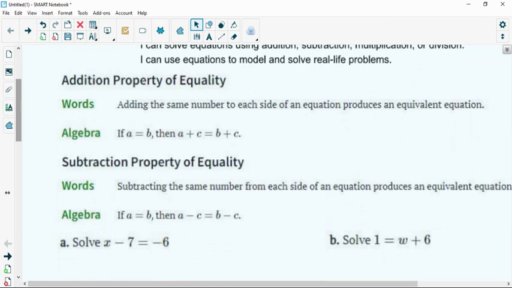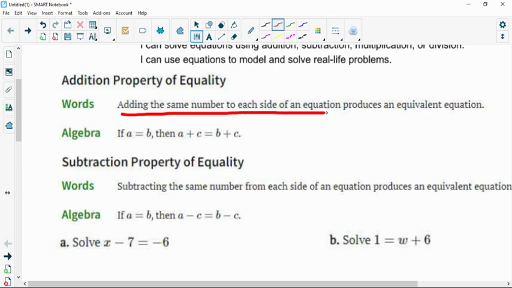The first is the addition property of equality. You're going to need to copy down that adding the same number to each side of an equation produces an equivalent equation.